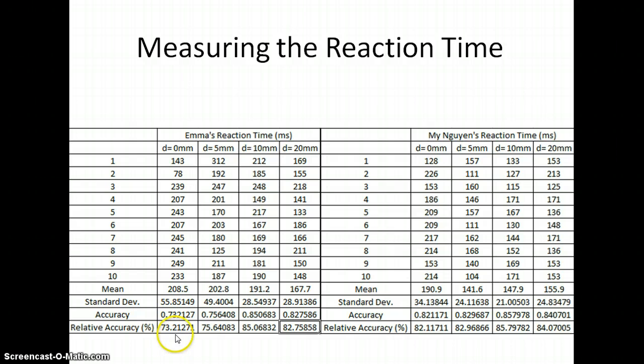As we can see, the relative accuracy is actually increasing as I use the D equals 10 millimeter and the D equals 20 millimeter. Her reaction time is actually below 150 milliseconds, but the accuracy is still increasing.